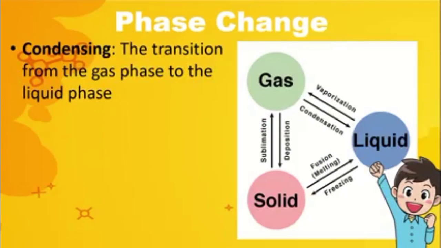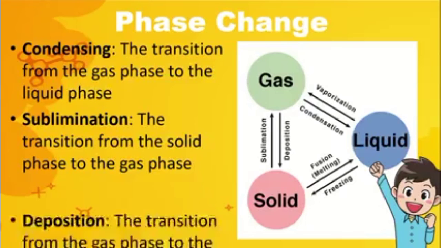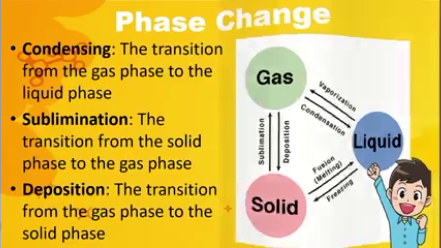Condensing or condensation is the transition from the gas phase to the liquid phase. And sublimation is the transition from the solid phase to the gas phase, while deposition is the transition from the gas phase to the solid phase.